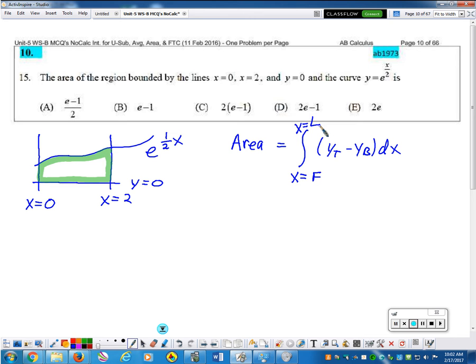So, looking along here, thinking of narrow rectangles, someone raise your hand and please tell me, how would you compute the y-coordinate at the top of any of those rectangles? Heidi, please. Would you just do an integral from 0 to 2, and then let's say the top line was f of x, so f of x minus 0?